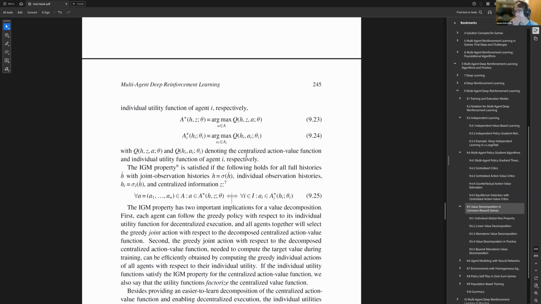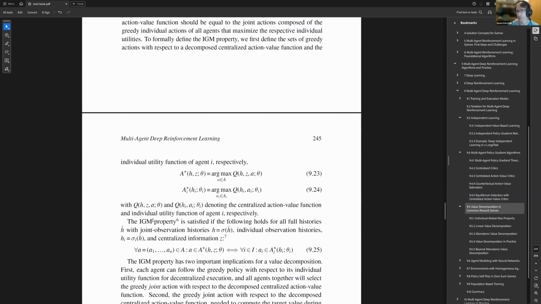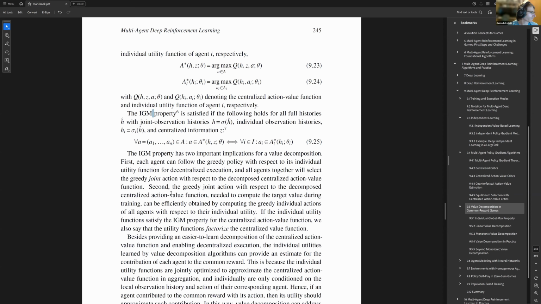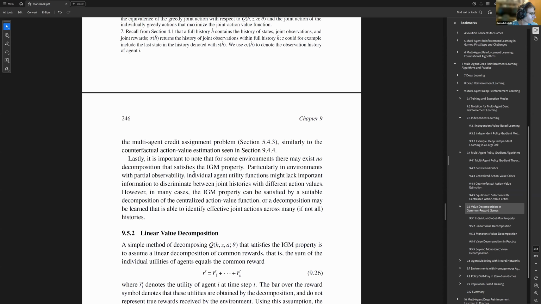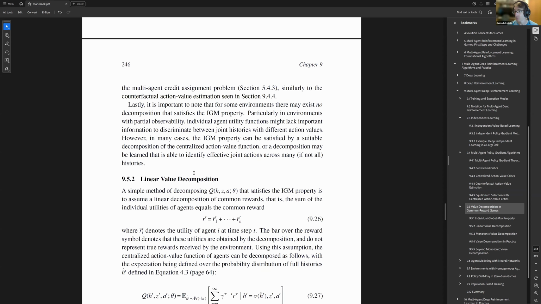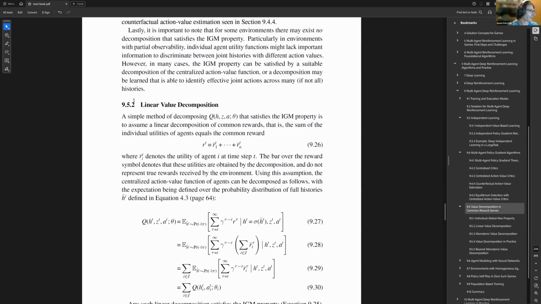So that is the idea: we're trying to find a solution that satisfies this IGM property. The approach we're going to look at today is probably the simplest thing you could think of doing, which is to try to do a linear value decomposition.